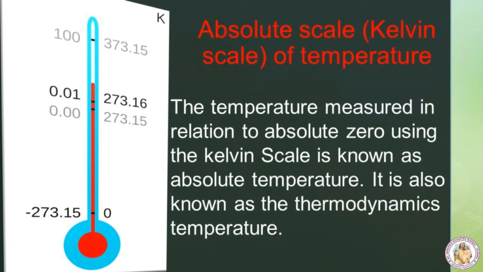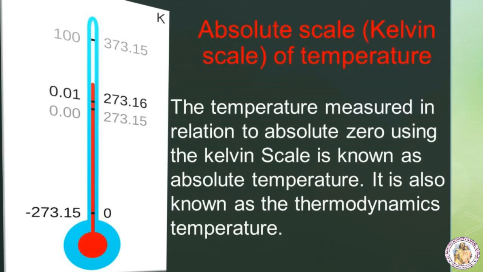Each unit of the thermodynamic scale of temperature is defined as the fraction 1 by 273.16th part of the thermodynamic temperature of the triple point of water. A temperature difference of 1 degree Celsius is equal to that of 1 Kelvin.